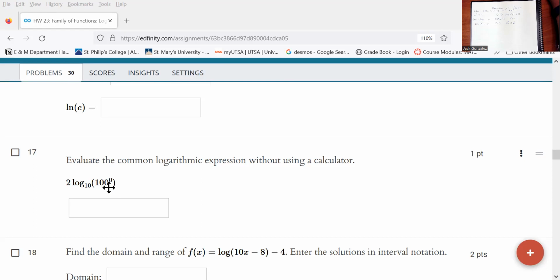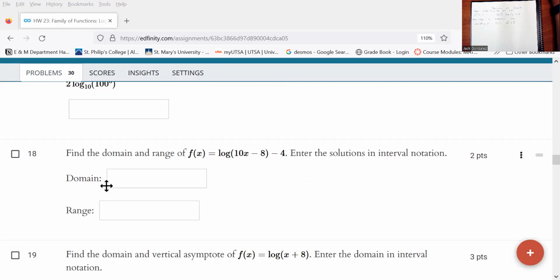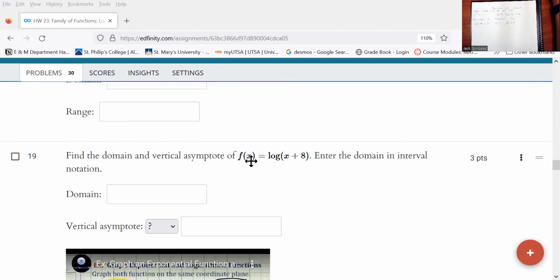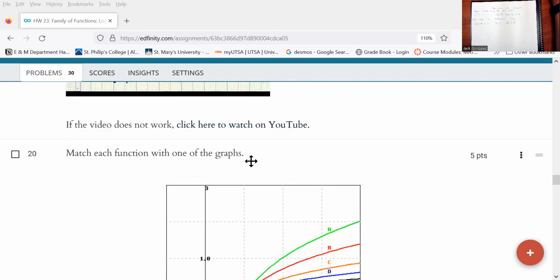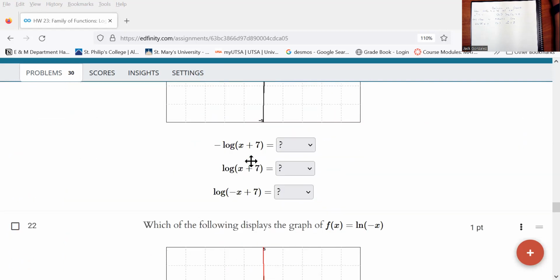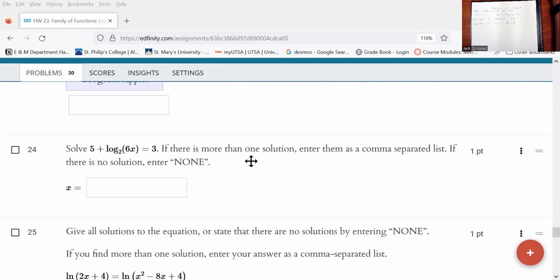It turns into a 1, and then 1 inside the log is a 0. This would just be 0 times 2. This is testing the definition and the functions themselves, the graphs, the domain and range. I'll send that to you. That's really it.